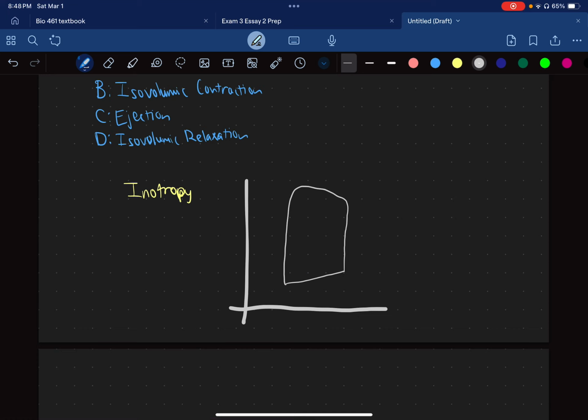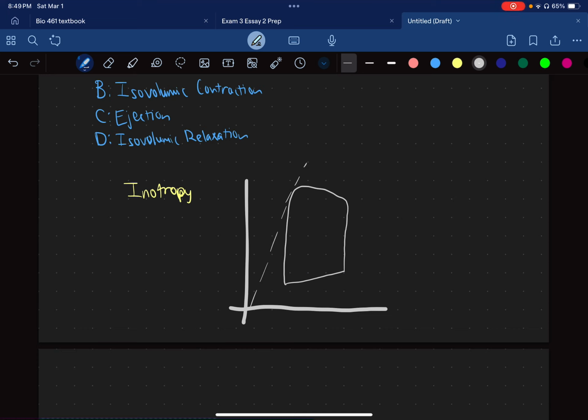So this would be our normal, and the inotropy is going to be measured from here to here. So this is our inotropic line, and the slope of it is going to tell us if it's a steeper slope, it'll be more inotropic, and a less steep slope will be less inotropic.